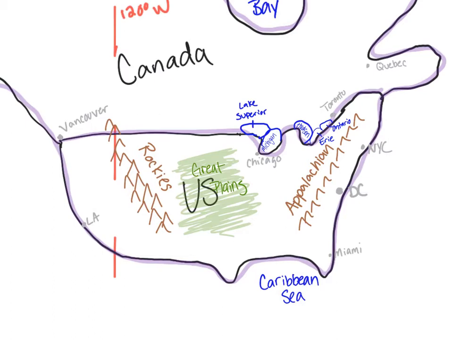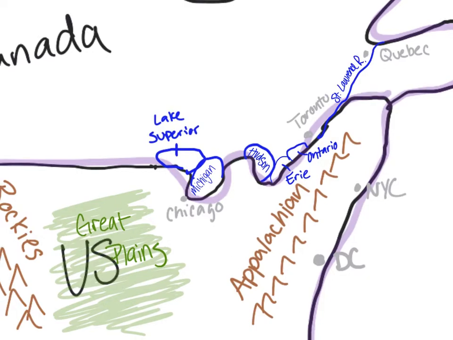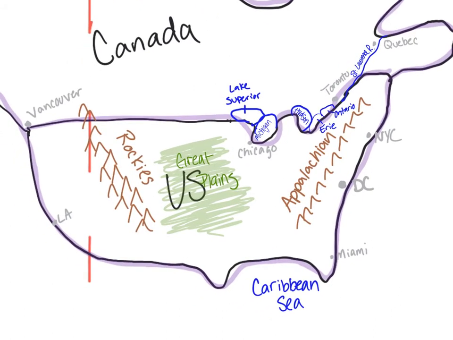Then we'll do our rivers. While we're up here, the St. Lawrence River connects in here from Canada down to like New York. So this is the St. Lawrence River. Okay. And then the 2 other rivers that we will do over here is the Mississippi River, obviously, that comes all the way down.